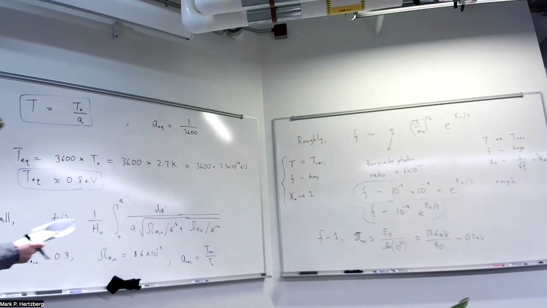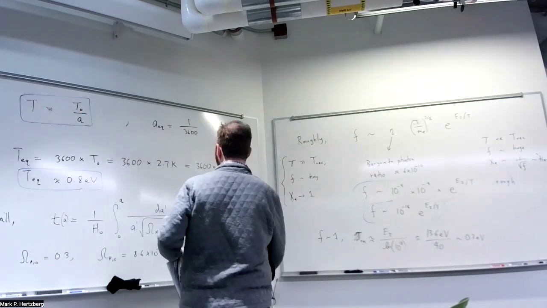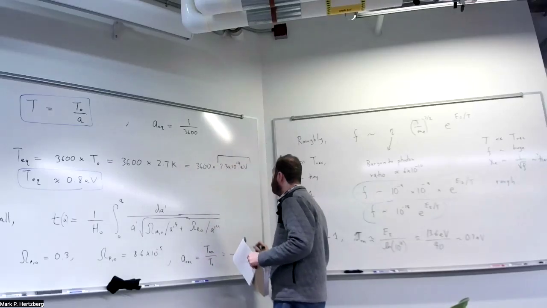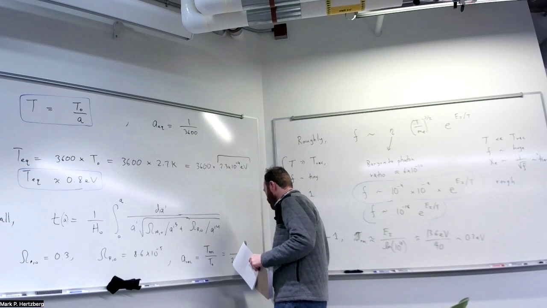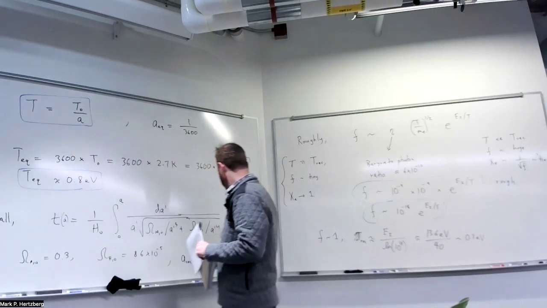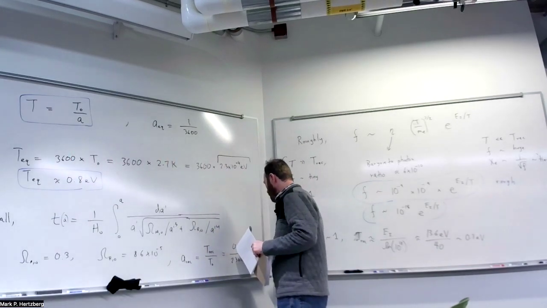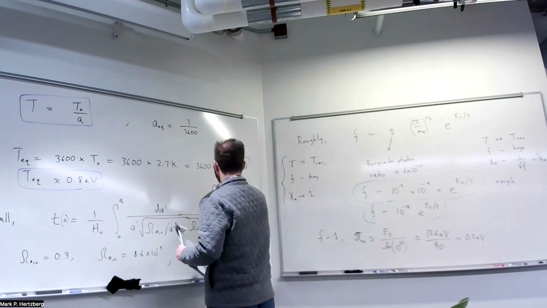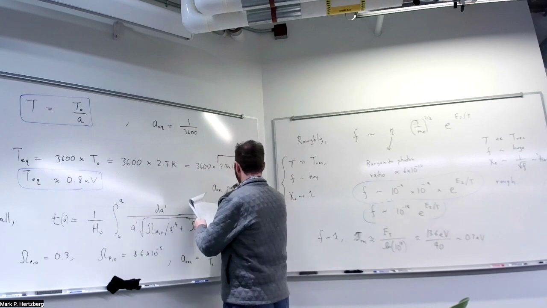Today's temperature is 2.3 times 10 to the minus 4 EV, and the temperature of recombination, we said, is 0.32 EV. So that comes out to be 1400.